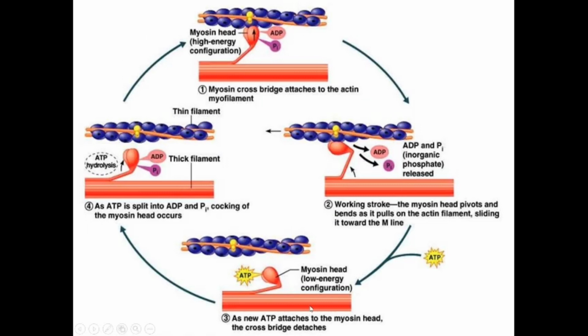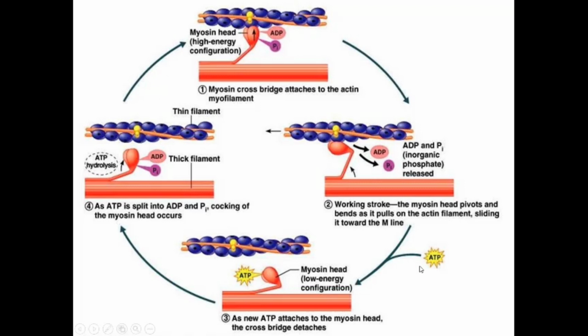You can see this cycle here: attachment, pivot, and detachment. By exposing, we have attaching of the head of myosin. Then we have a pivot, or conformational change of the head of myosin, pulling the actin filament. By attaching a new ATP, we have detachment of the head of myosin. And again, repetition of this cycle.